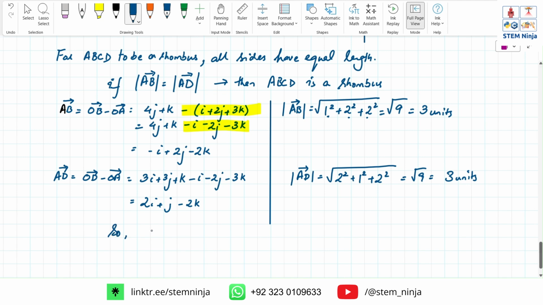So the length of AB is equal to the length of AD. Therefore, ABCD is a rhombus.